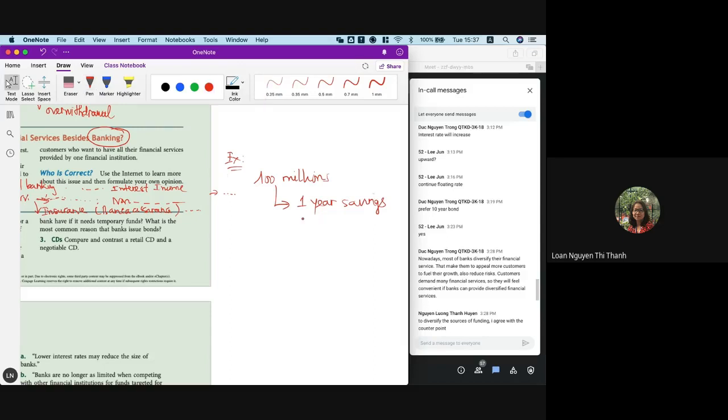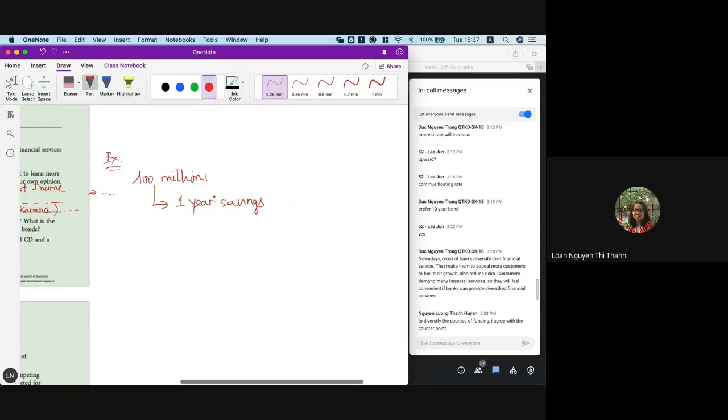You lock into the interest rate, could be around 6% to 6.5% per year, balloon payment.